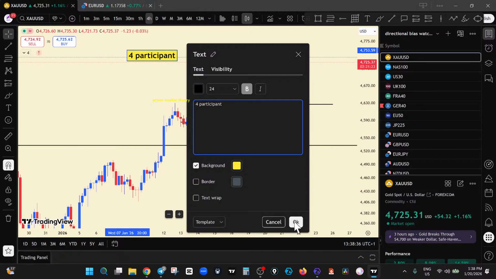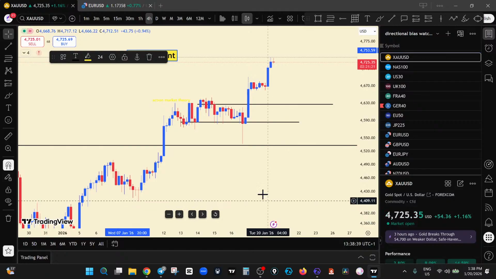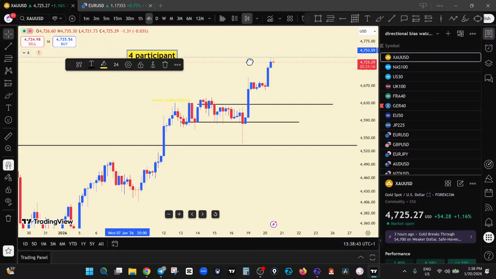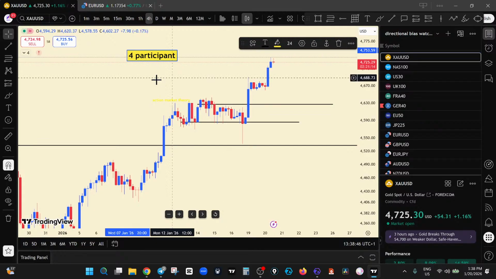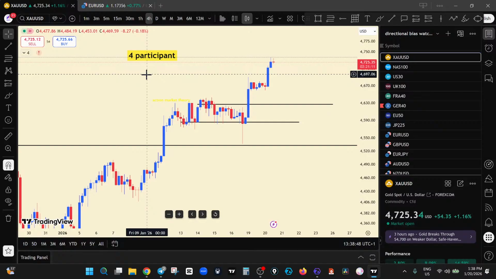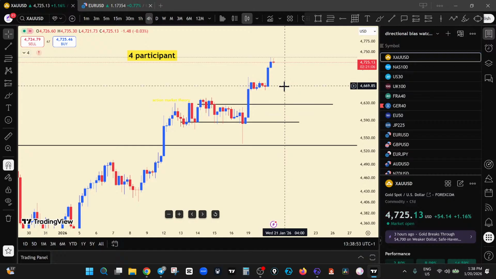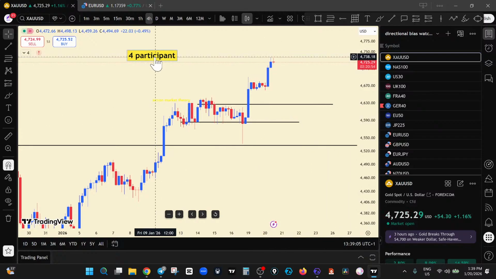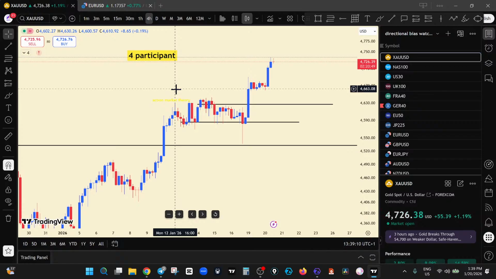If you have a notebook, kindly take it out and write what I'm about to say. This is different from what you've been watching, because these are the people that actually move the market. There are 2 categories within these 4. The first one is aggressive, and the other one is passive.